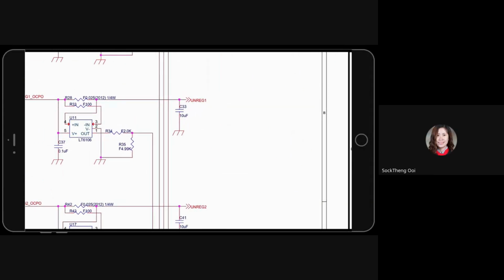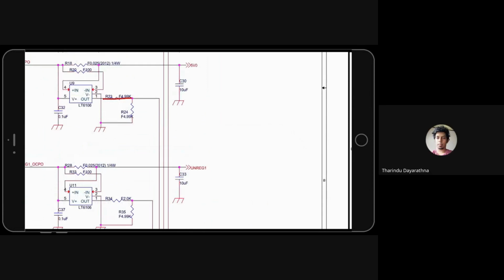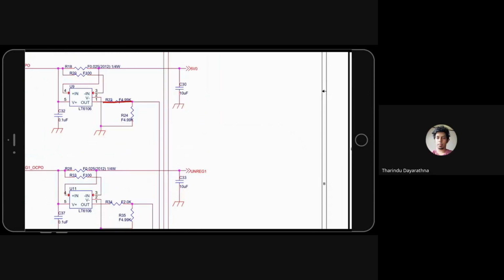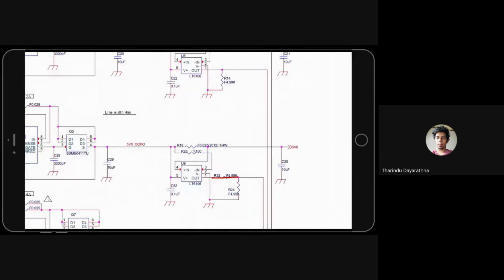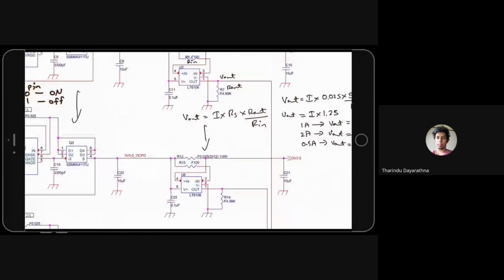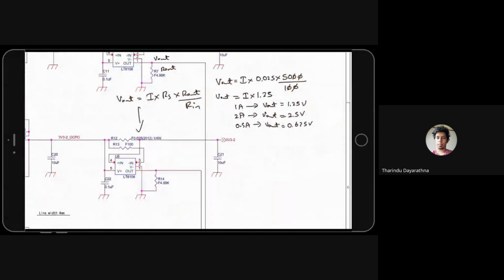Sorry, just now you said for the 5-volt I need to remove R23, is it? Yeah, R23. You have to directly connect, so there is no voltage divider. You don't need a voltage divider because you are measuring only a maximum of 2 ampere, and at 2 ampere it gives 2.5 volts.